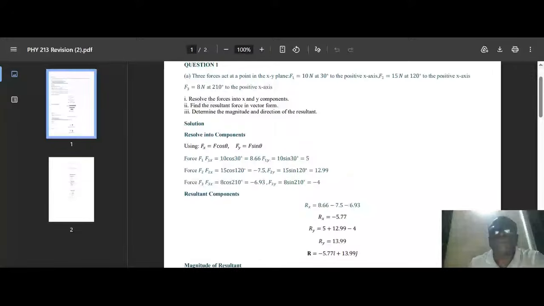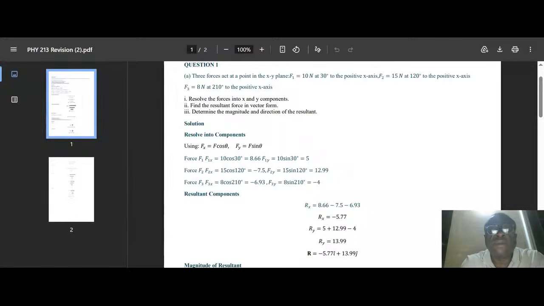Okay, so that's the question. Three forces act at a point in the XY plane. F1 is equal to 10 Newton at 30 degrees to the positive x-axis. F2, 15 Newton at 120 degrees to the positive x-axis.